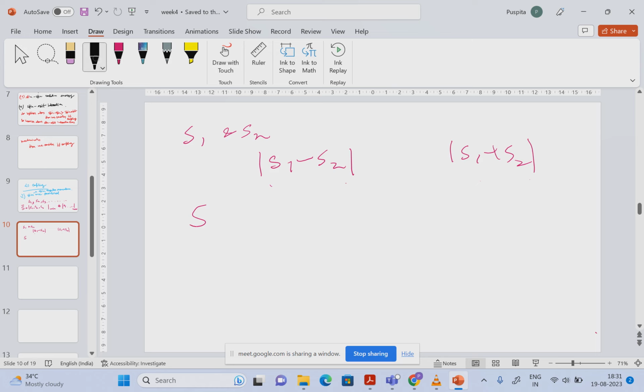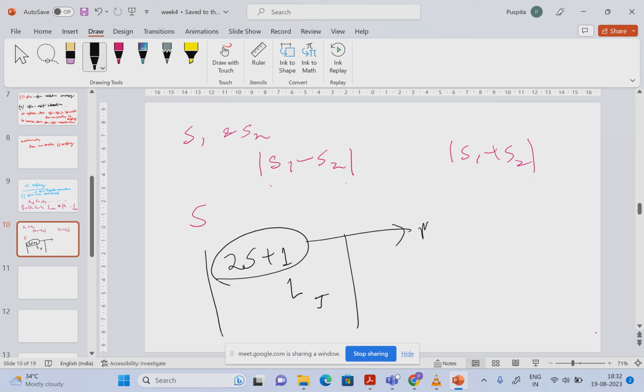In the spectroscopic term 2S plus 1 L_J, this denotes multiplicity.